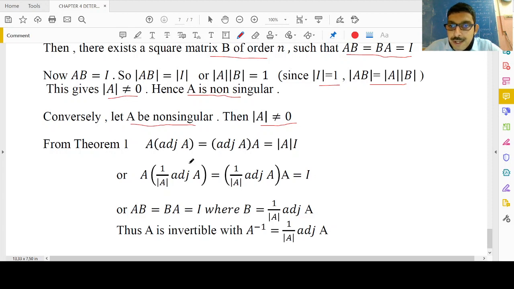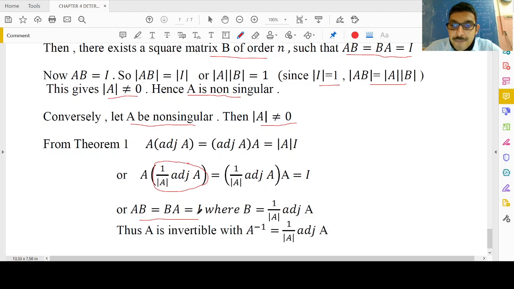So suppose we take B equal to 1 by determinant of A into adjoint of A, then this is same as AB equal to BA equal to identity, where B is 1 by determinant of A into adjoint of A. So if determinant of A not equal to 0, we got a matrix B equal to 1 by determinant of A into adjoint of A, such that AB equal to BA equal to identity.